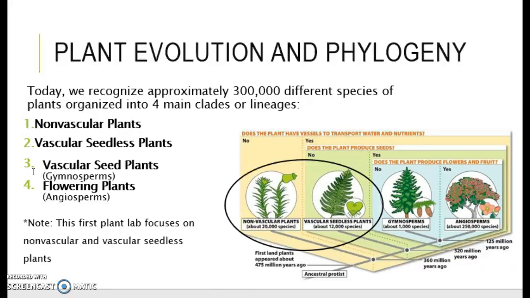Note, this first plant lab focuses on non-vascular and vascular seedless plants, which you probably already know if you did your pre-lab. And here are some examples, including the gymnosperms and angiosperms, and their ancestral protists.